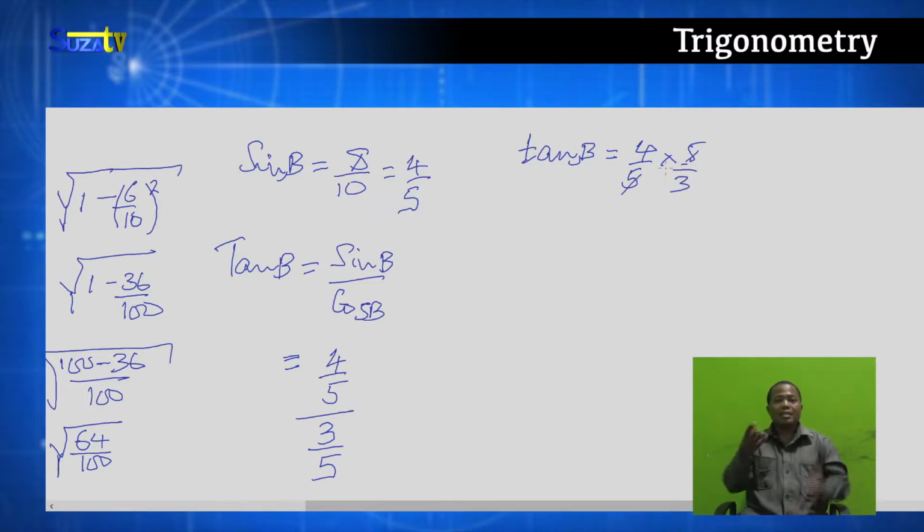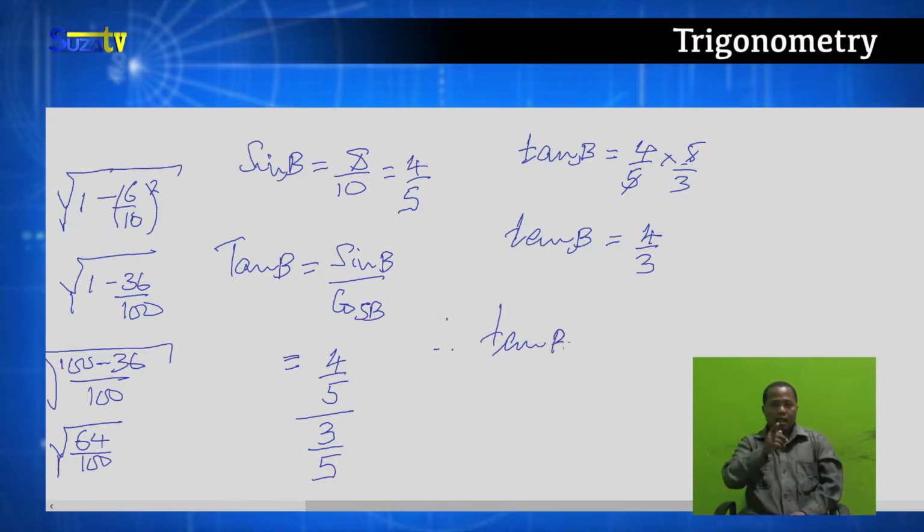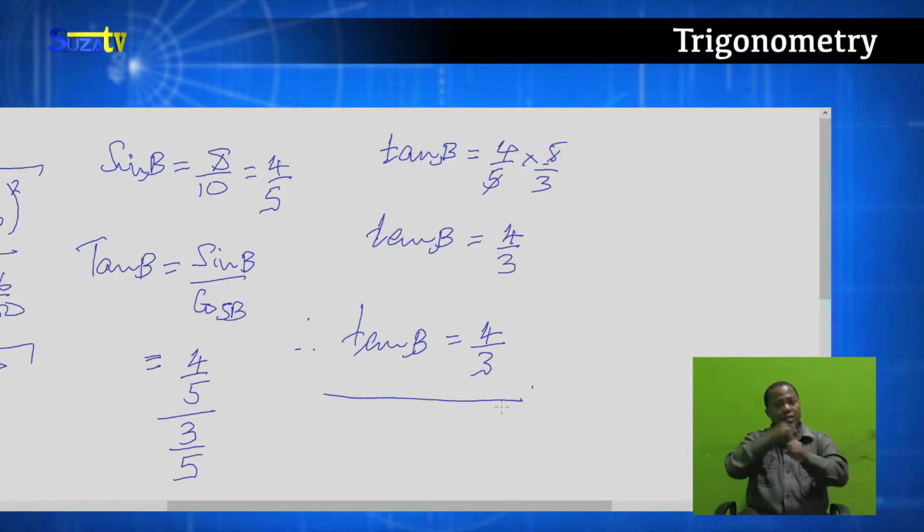So here the 5s simplify one another, and you'll have tan of angle beta equal to 4/3. Yes, that's good. So therefore tan of angle beta is equal to 4/3. This is the required value we were supposed to calculate.